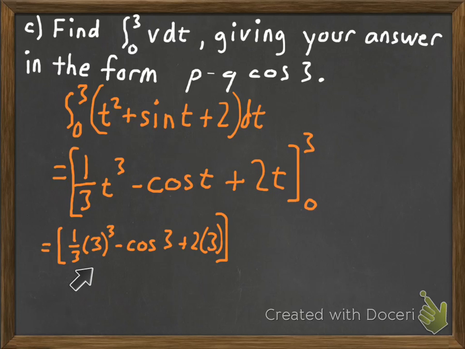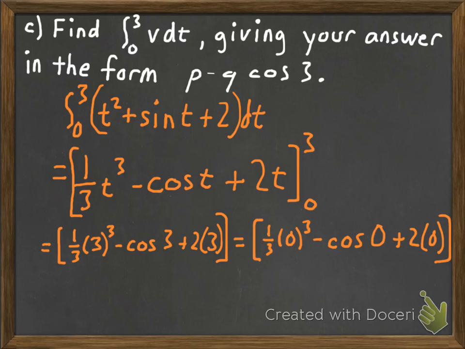All right, this first part is me plugging in 3 into the function. Then I'm going to subtract when I plug in 0. And every bit of this that we actually need to simplify is mental math. All right, 1/3 of 3 cubed means 1/3 of 27, so that's 9. And then we're going to have a plus 6 out here, so that we're going to get 15 minus cosine 3. Remember that our answer wanted us to have something cosine 3 there? Well, there's our cosine 3 right here, so that's kind of nice.